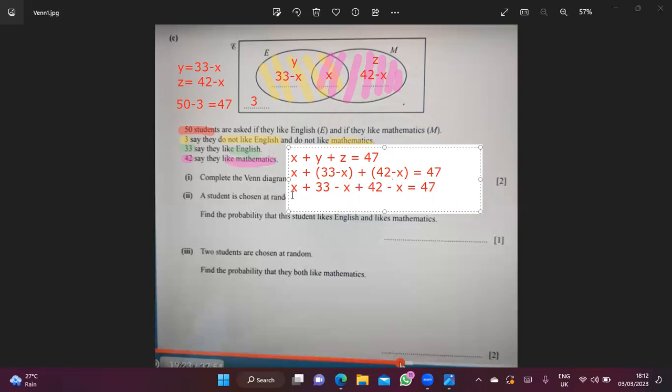Next, okay, x minus x would be no x. Okay, what else? We got a minus x there. And then we got 33 plus 42. 33 plus 42 would be 75, yeah?